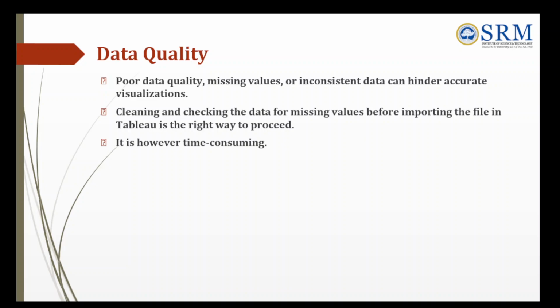On timeliness, the data should be up to date, because outdated data can lead to incorrect decisions. So always make sure, while preparing the data, that it is up to date. We also need to check whether irrelevant data is there. If irrelevant data is there, it is going to clutter the dashboard and distract users.